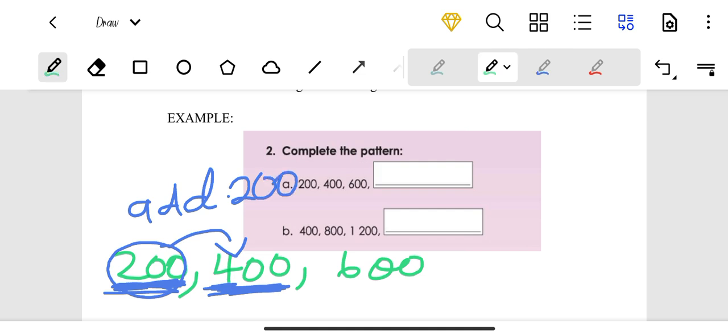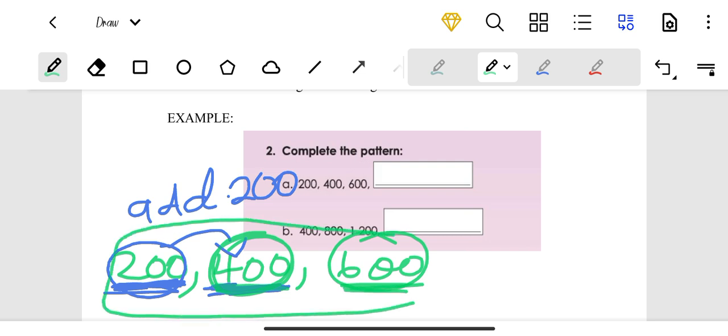Same as this part. So you're going to say, what happened to this one for me to get a 600? Now you check, if I add 100, do I get a 600? No. But if I had added 200, do I get a 600? Yes. So it means that in all of this, for you to get the next number, you are adding 200.